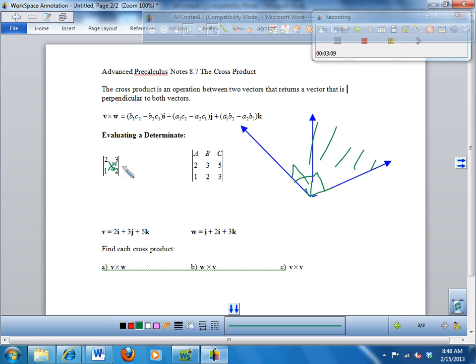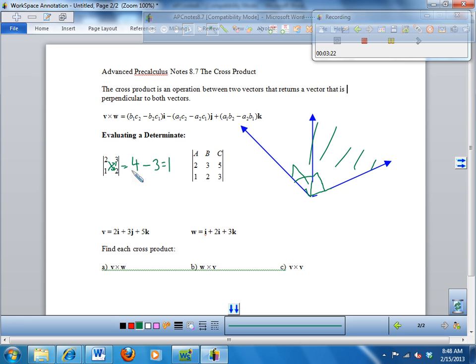So this determinant would give you a value of 2 times 2, which is 4, and then you subtract 1 times 3, which is 3, and so the value of that determinant is 1. Your calculator could even evaluate determinants for you, but that's not very useful for doing cross products because we're not really trying to find the value of this determinant.